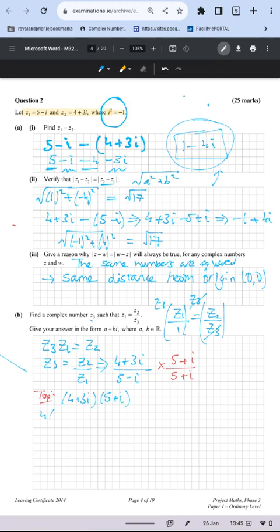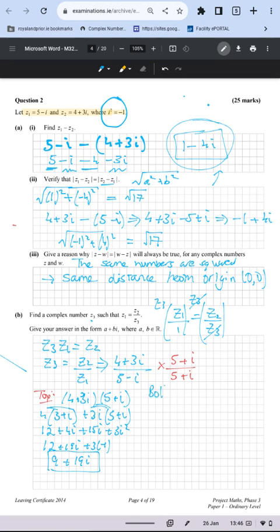Bust your brackets. Times them out. So you got 12 plus 19a, 3 times minus 1. 12 minus 3 is 9 plus 19a.